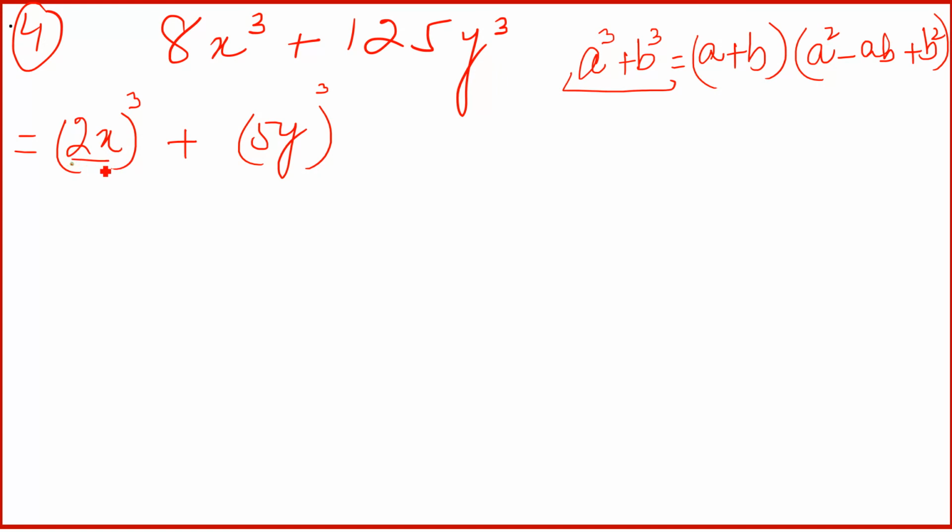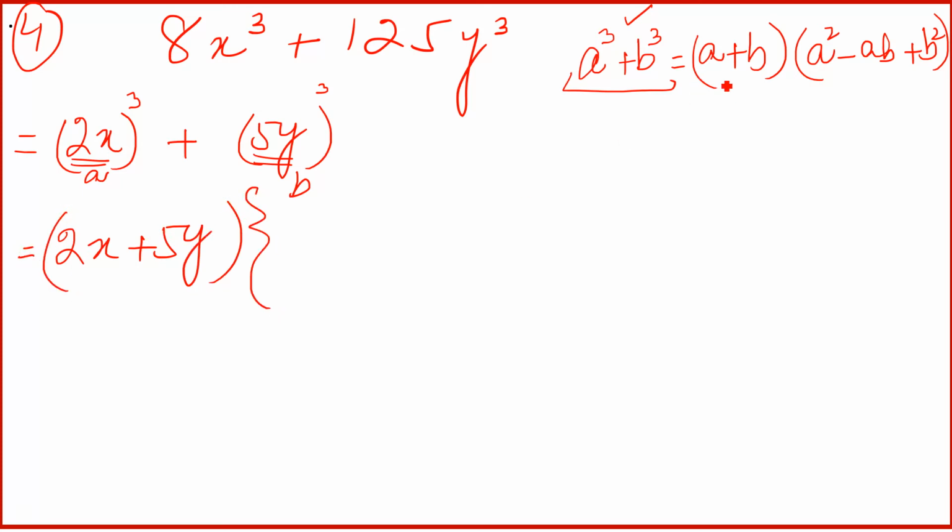Instead of a we have 2x, and instead of b we have 5y. Wherever you will see in this formula, when we will expand it, when we will see a, we have to put 2x. Whenever we will see b, we have to put 5y. So simple. So this one we made it. Now follow this, a plus b. So a is 2x, b is 5y. This is done.